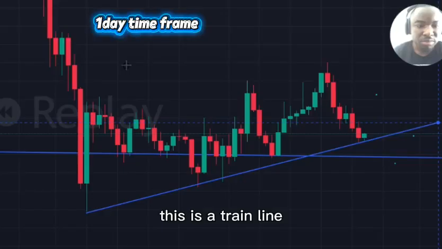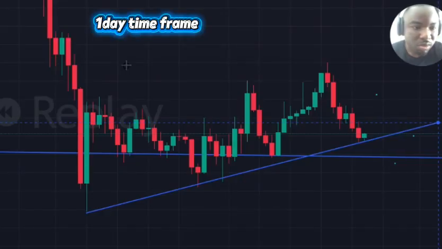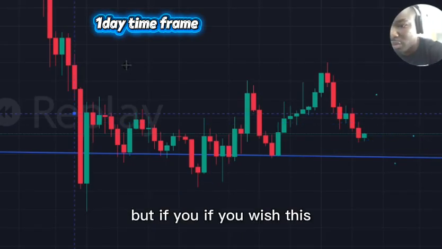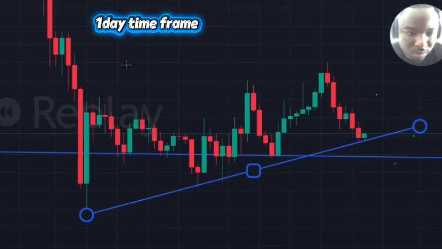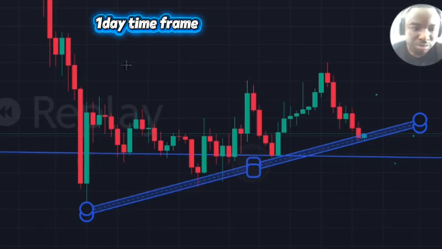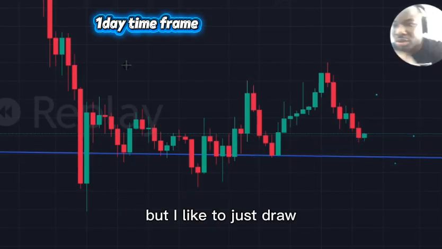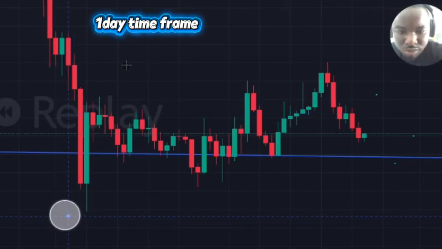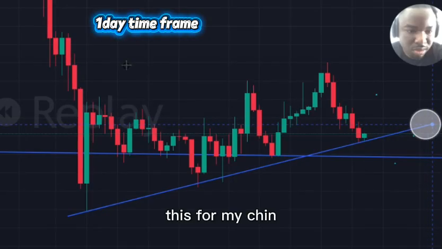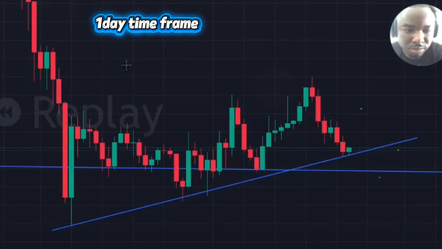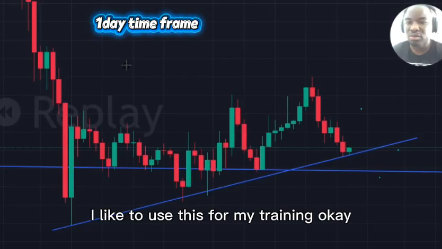I like to do my trend line like this, but I like to just draw it this way. I like to use this for my trend line.